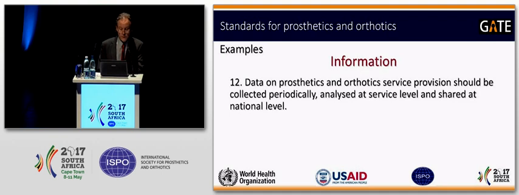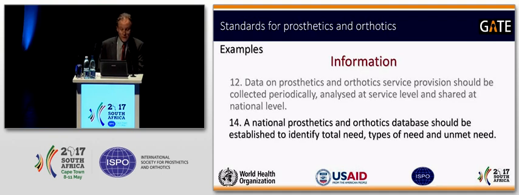And that one, together with the next one, number 14, a national prosthetics and orthotics database should be established to identify total need, types of need, and unmet need. It's important to have this information to understand how big the challenge is. Few countries know this, if any.